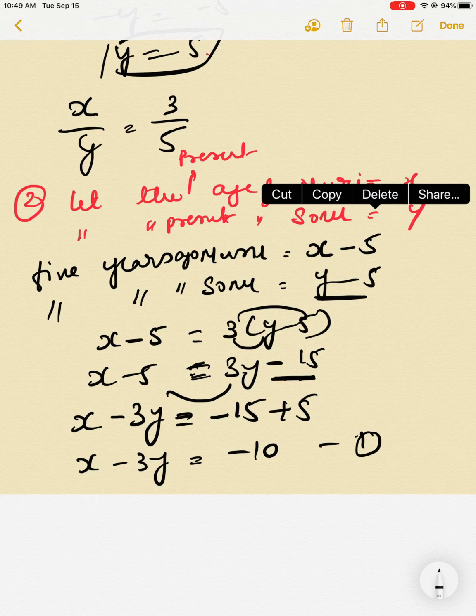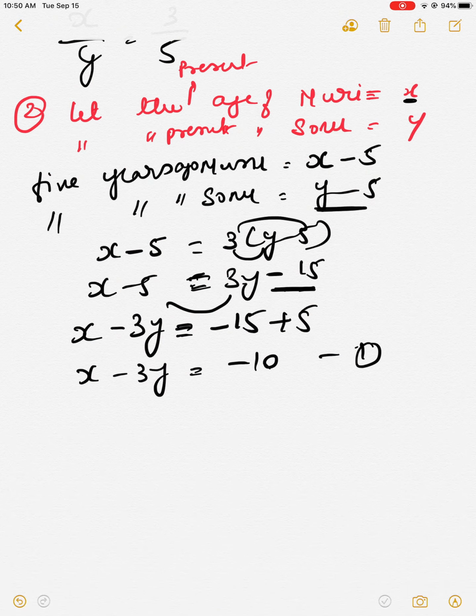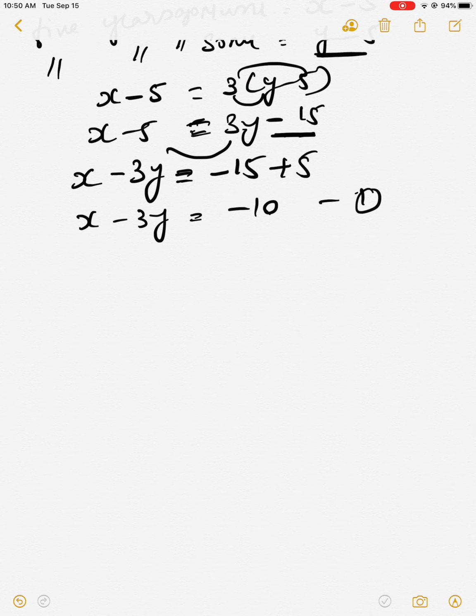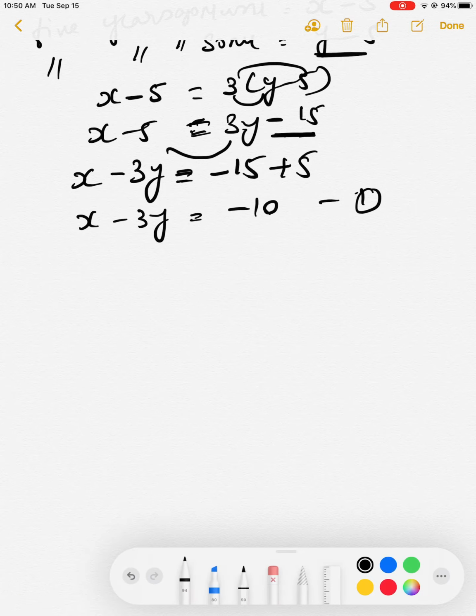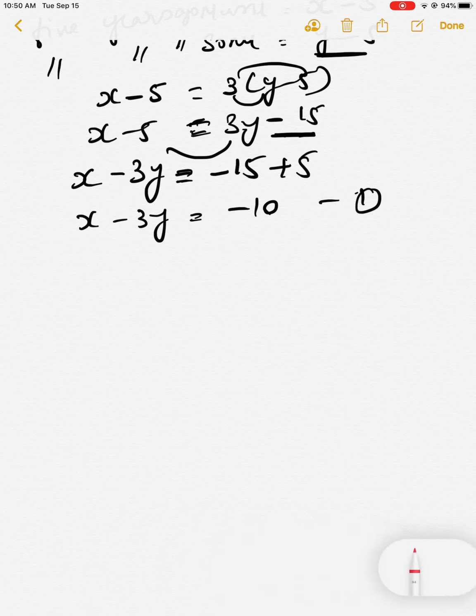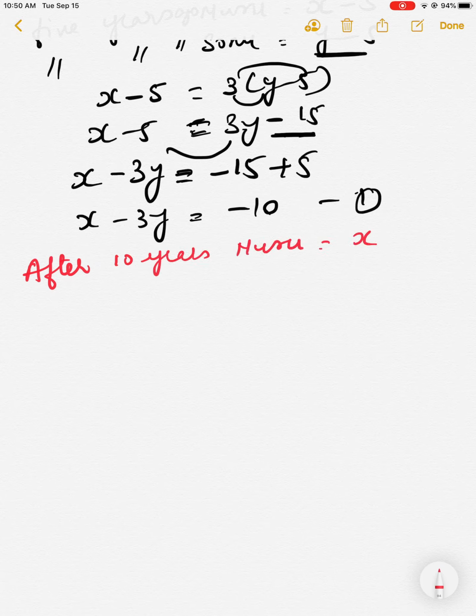Okay, now next, what is 10 years later? That means after 10 years we have to take. 10 years later means after 10 years, Nuru's present age is x, after 10 years x plus 10.